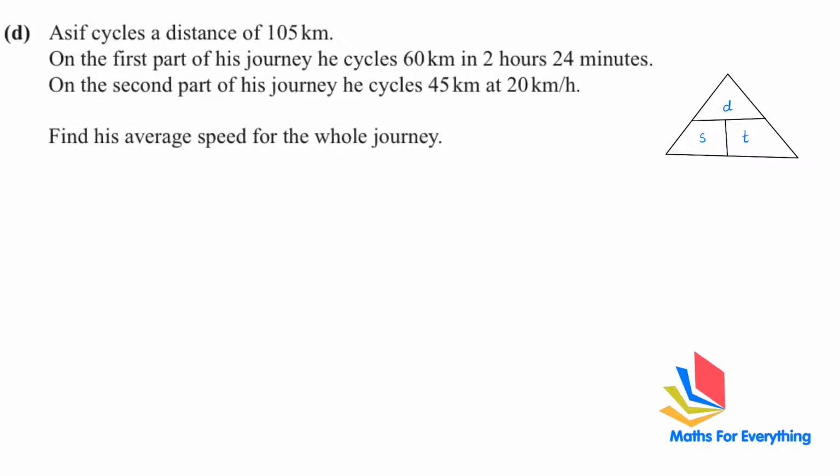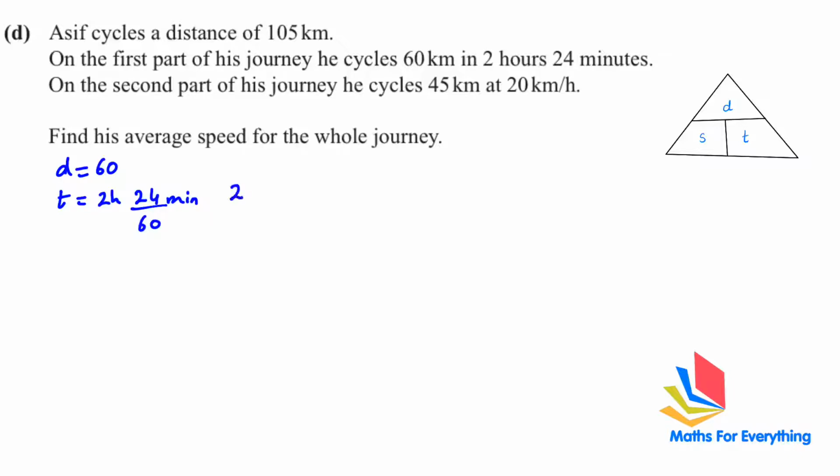In the first part of his journey, he cycled 60 kilometers. So total distance he traveled is 60 kilometers. And the time taken is 2 hours 24 minutes. You have to change the minutes into hours, divide by 60. That will give you 0.4.